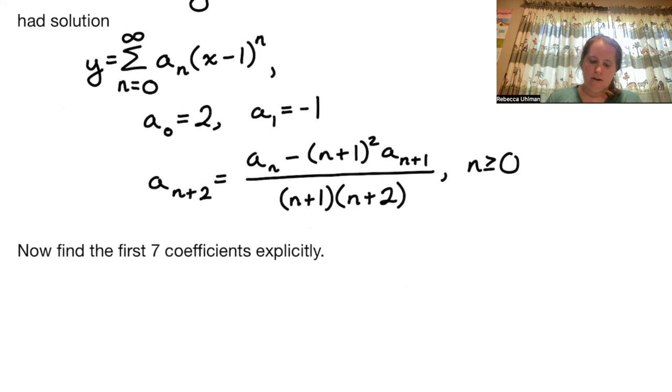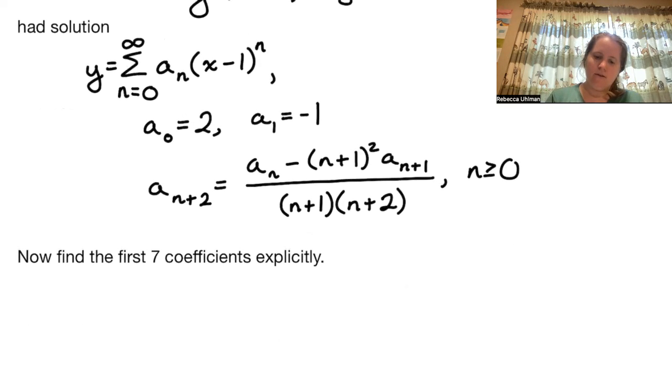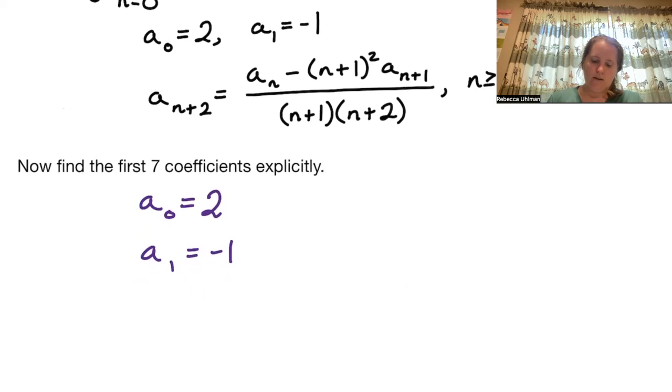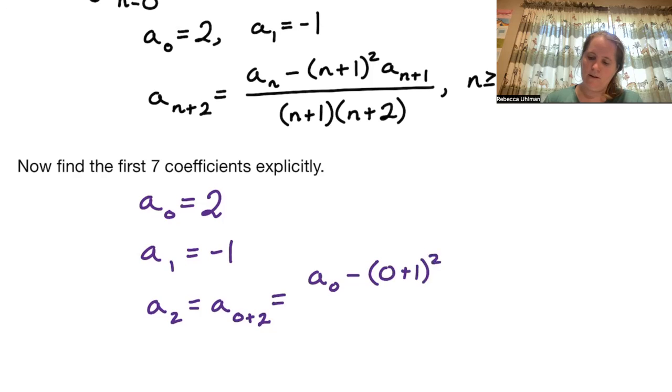So again, we know that a0 is equal to 2. We know that a1 is equal to -1. So therefore a2, which is a sub 0 plus 2, should be a0 minus (0 plus 1) squared times a1 divided by (0 plus 1) times (0 plus 2).